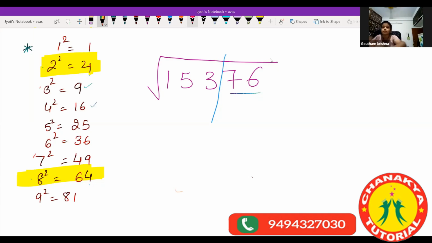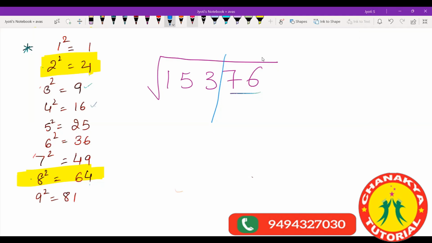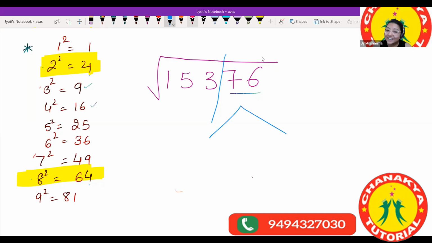Okay, very good, Gagana. So first you need to find it is 1, 2, 4. Exactly. 76. Unit place is 6. In which answer are you getting 6 in the unit place? 4 and 6. Two possibilities. Now, 153. 12 square is 144. 13 square is 169. 153 is coming between 144 and 169.